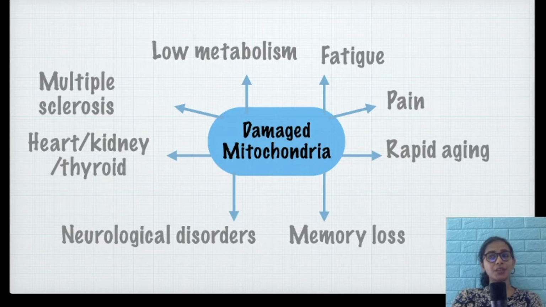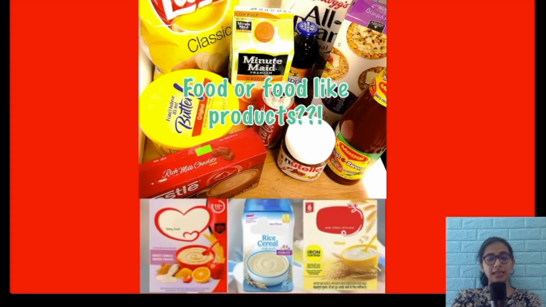So what are the things that we need to avoid and we need to do to support the mitochondria in our body? First thing, over here you see certain food products. Do you think it's healthy? Well, some of them are point blank unhealthy, but some of them look very healthy to us.